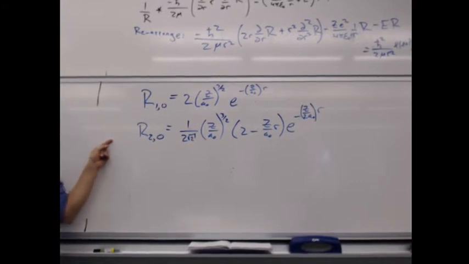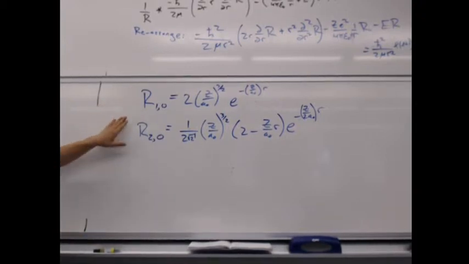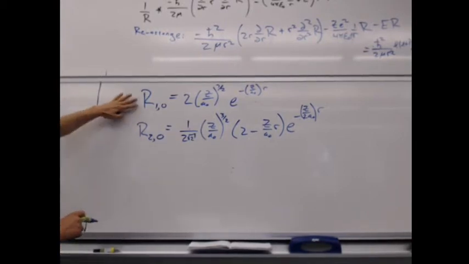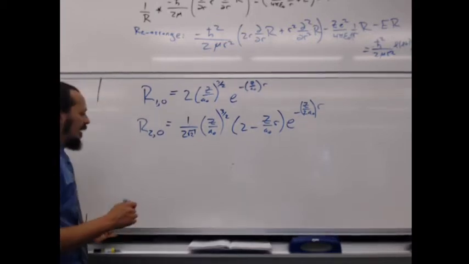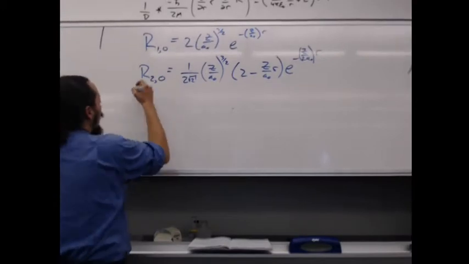We should be able to do a big old integral and show that if I did R10 star R20 over the bounds of 0 to infinity, I would get 0. And these should also be normalized already, as long as I didn't forget anything.